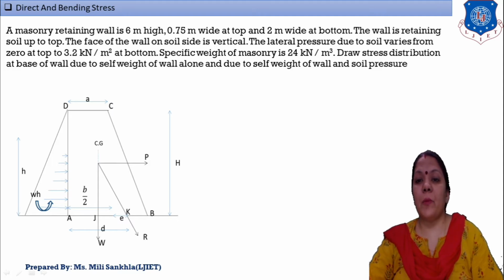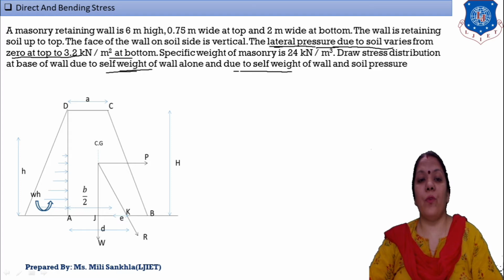The lateral pressure due to soil, this is a very important term, varies from 0 at top to 3.2 kN per meter square at bottom. Specific weight of masonry is equal to 24.